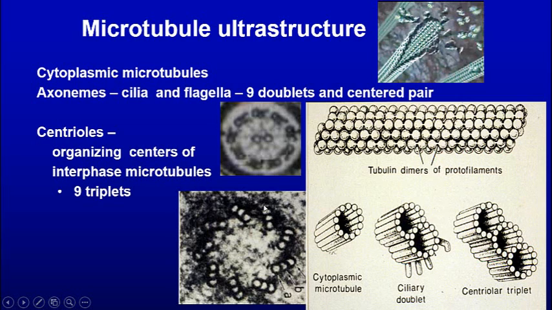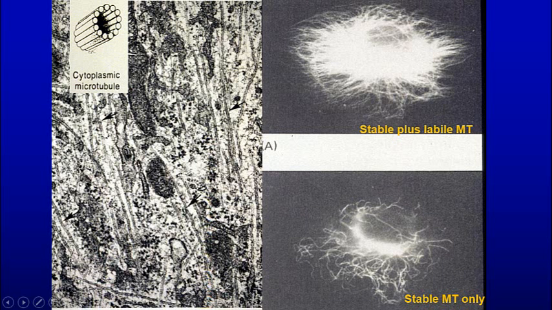And here we can see the triplet microtubules here and here and here with no central pair. When you have doublets, you have a central pair, but you don't in the centriole. Basal bodies of cilia at the bottom, at the top of the cell, where you have cilia projecting, you have triplet microtubules. So here we see a cytoplasmic microtubule. There's one here.